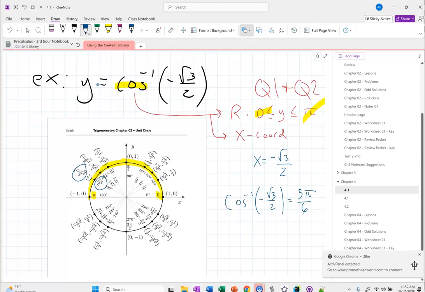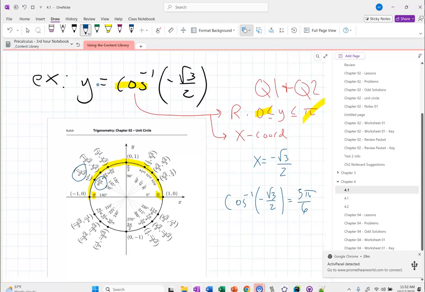Final check. Is 5 pi over 6 between 0 and pi? Yes, right? Well, the fraction 5 over 6, is that between 0 and 1? Yes, because 5 is less than 6, right? So is that between 0 pi and 1 pi? Yes, because 5 over 6 is between 0 and 1.